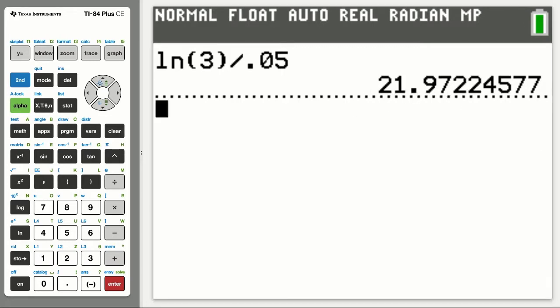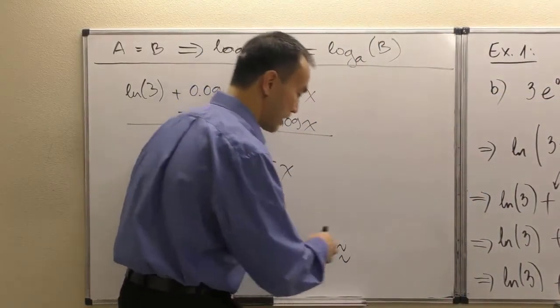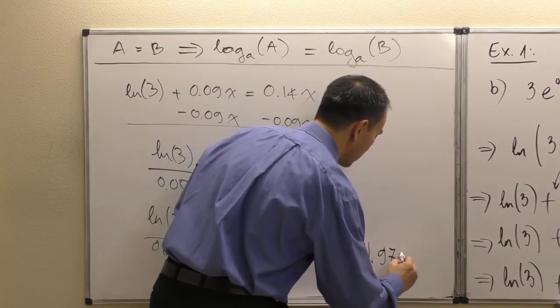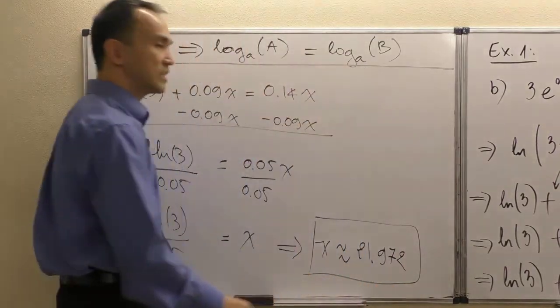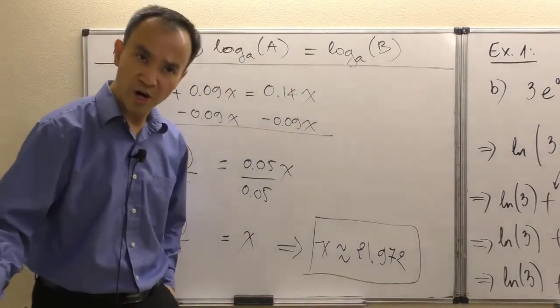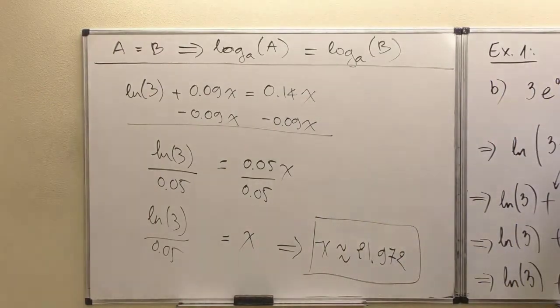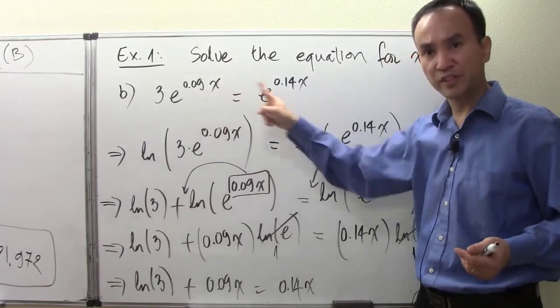So x is approximately 21.972. And that's how we have solved another exponential equation. Simply, that's where we have exponential terms involved.